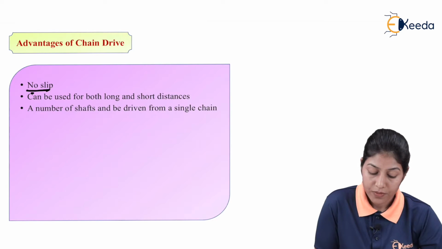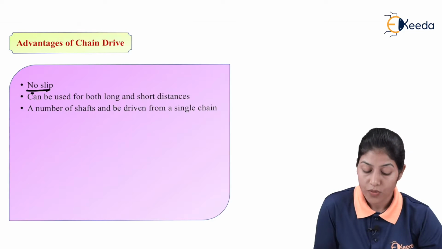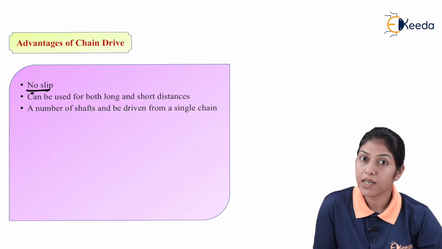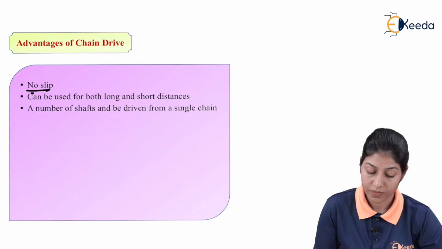A number of shafts can be driven from a single chain. Here we can connect a number of shafts with the sprockets, and they can be driven from a single chain only.